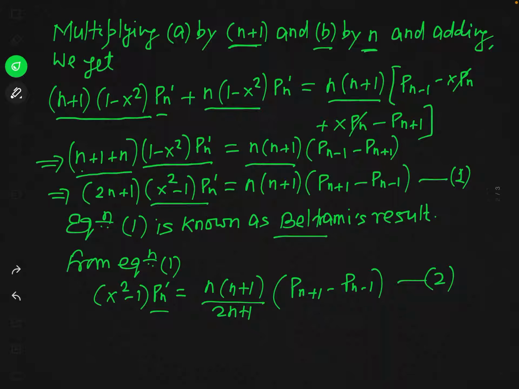This is a constant factor, so we can take it outside of the integral, and in the term inside the bracket we will simply multiply by Pn plus 1 in both terms.